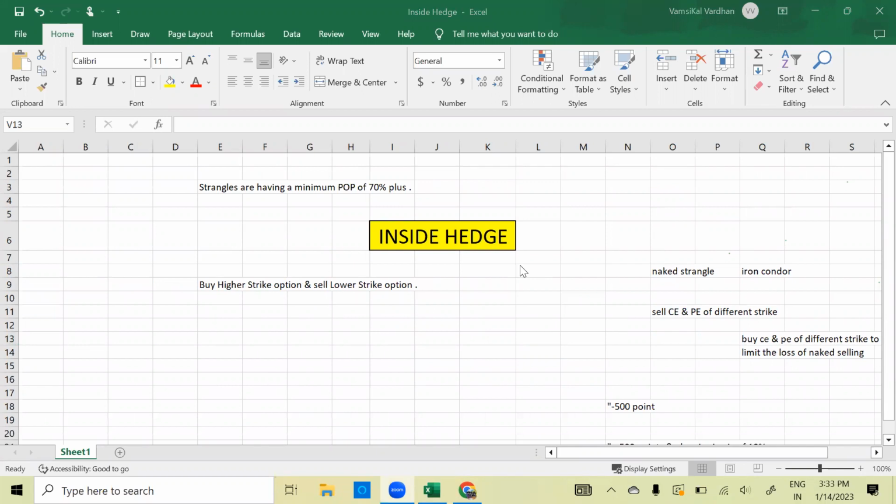How inside hedge is formed is very simple. It is nothing but a strangle, but with a little hedge.